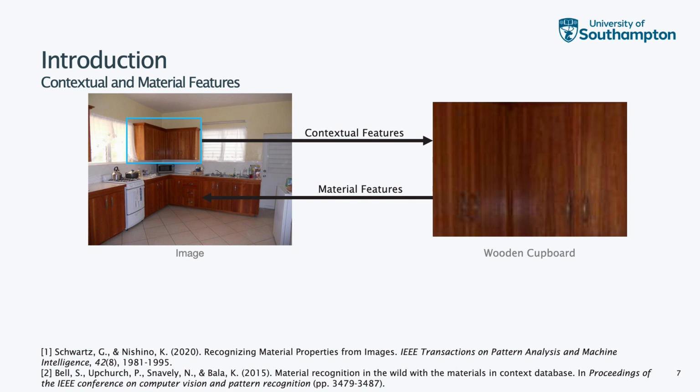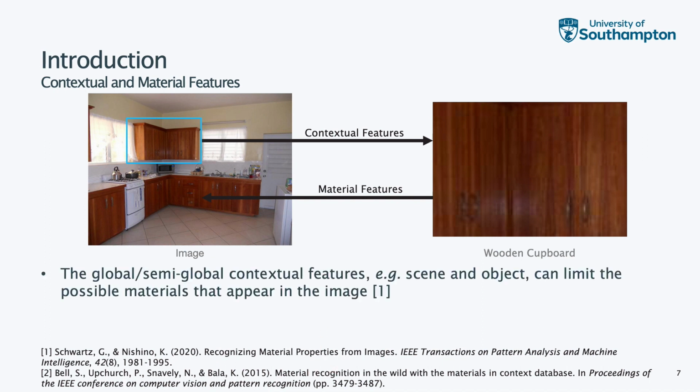To achieve a high performance for material segmentation task, an intuitive method is to combine material and contextual features. Now, the global or semi-global contextual features, which are taken from the full image, like scene and object, can limit the possible materials that appear in the given image.